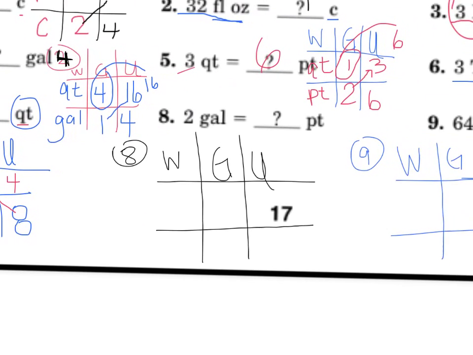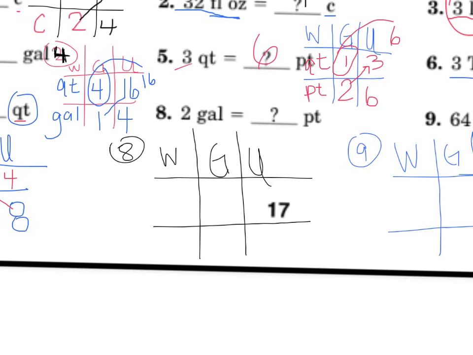Okay, number 8, we have gallons and pints. So I come over here and I look at my WGU table. We don't have gallons and pints. We have gallons to quarts and then quarts to pints. So I'm going to have to go from gallons to quarts.